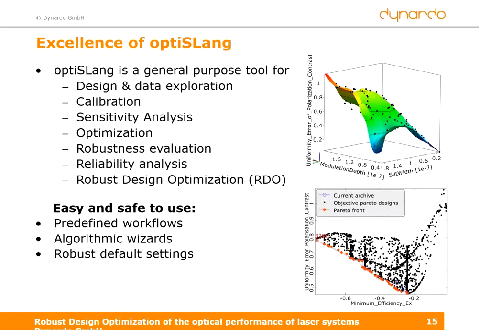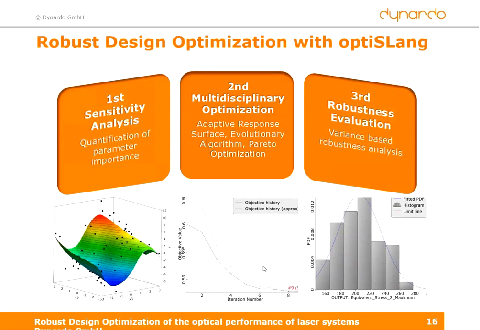Our software uses predefined workflows, algorithmic wizards, and very robust default settings. And therefore, it's very easy and safe to use. So what robust design optimization and this concept means, I will show you now.